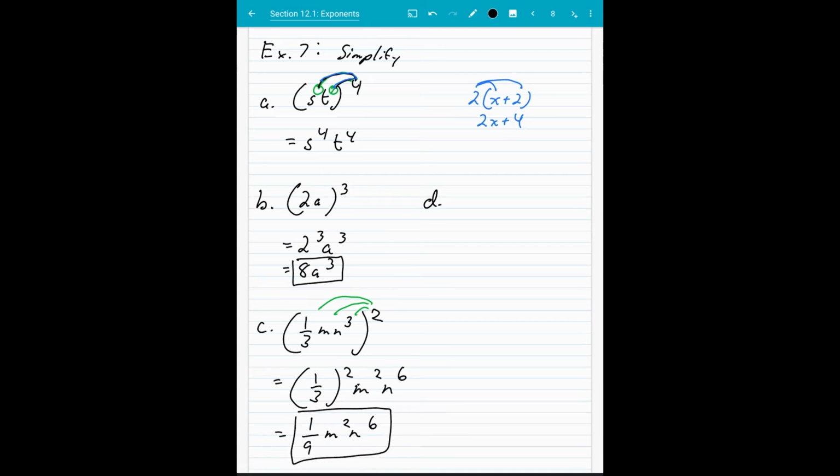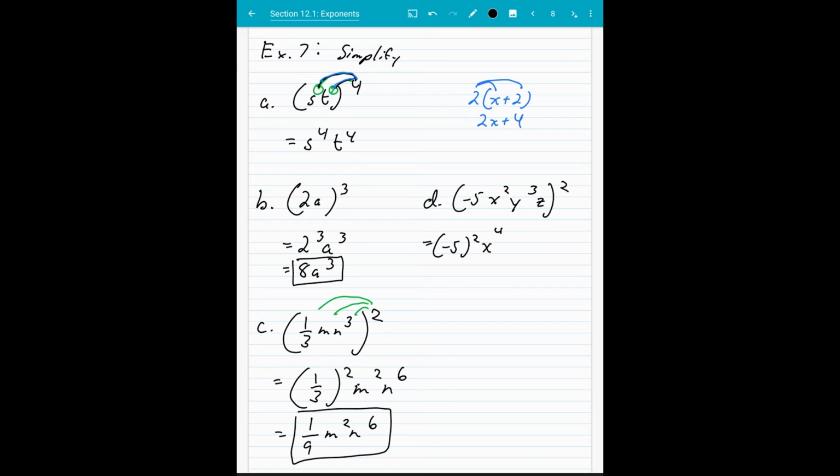Look at D. This one is -5 x squared y third z squared. Or I'm sorry, z, all to the 2nd power. Again, everything in here is multiplying, so we can distribute that 2 to everything on the inside. We distribute that squared. So for the first number, it becomes -5 to the 2nd power.